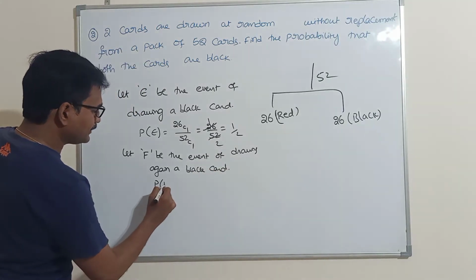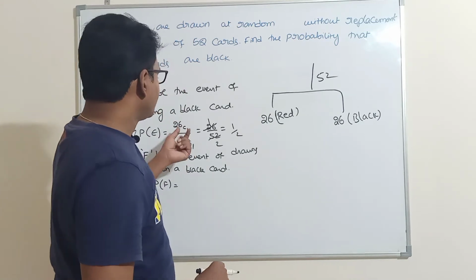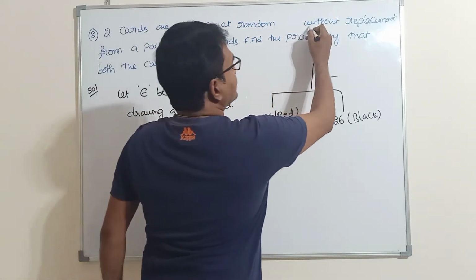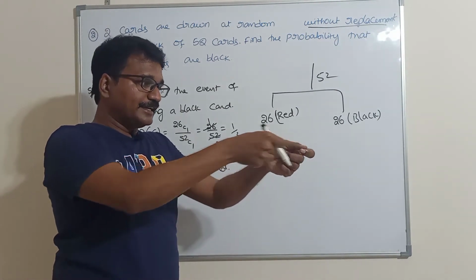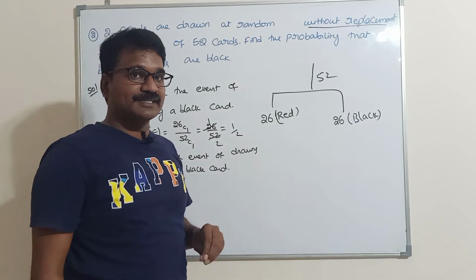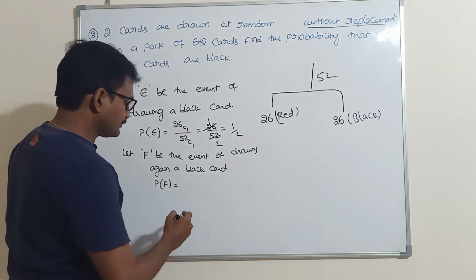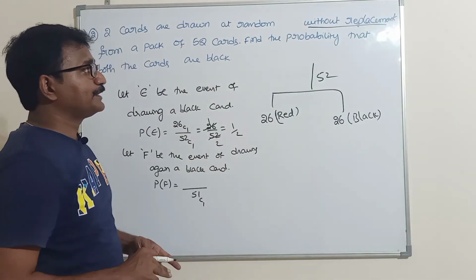So what is the probability of drawing a black card? Without replacement, here the condition is there. After drawing one card out of 52 cards, how many cards are still there in the pack? 51 cards. So that's why N of S is 51C1, without replacement.